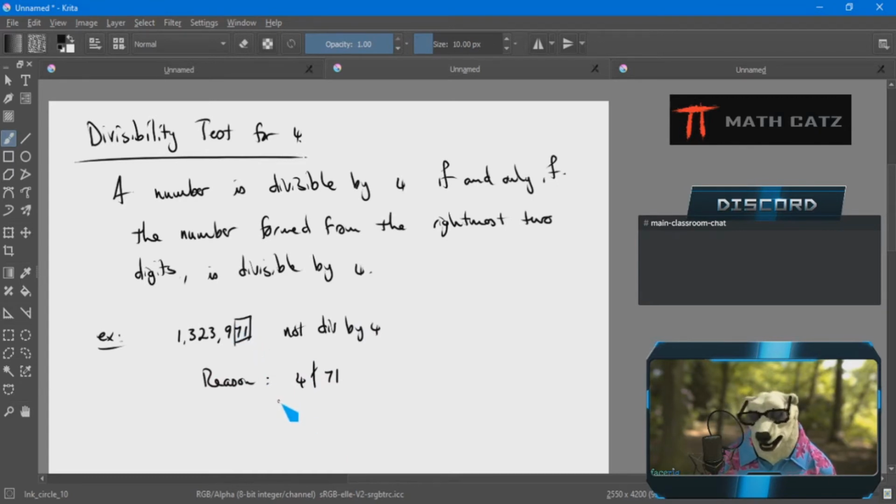So the whole point of a divisibility test is to very quickly make the decision, yes, it's divisible, or no, it's not, by looking at a small number. And in the case of 4, that small number is formed from the last 2 digits.